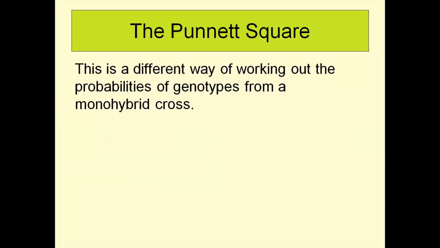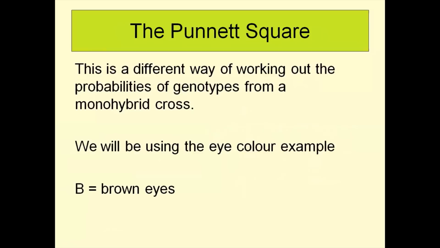The Punnett square is a different way of working out the probabilities of genotypes from a monohybrid cross. Punnett square is a representation to calculate probability of all possible genotypes of offspring in a genetic cross. We will be using the eye color example.